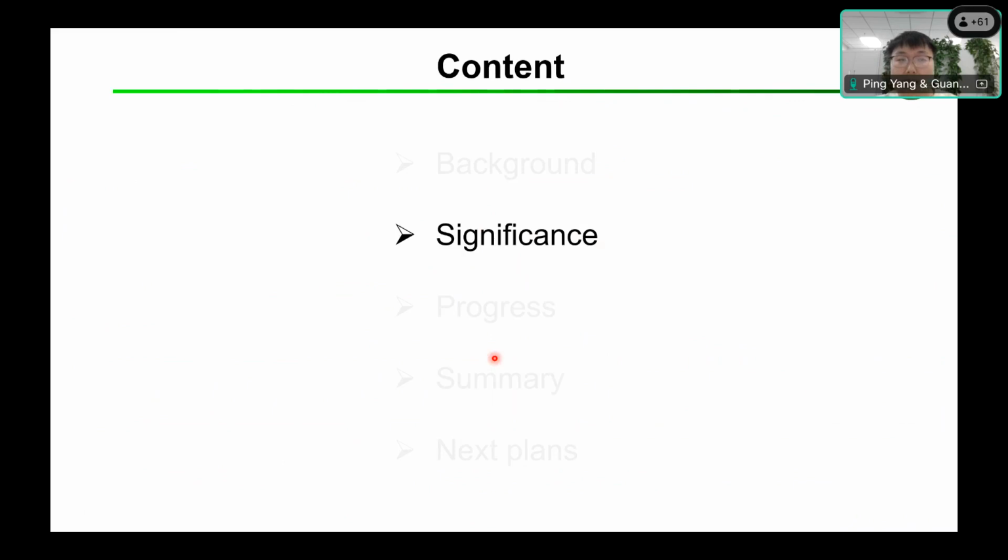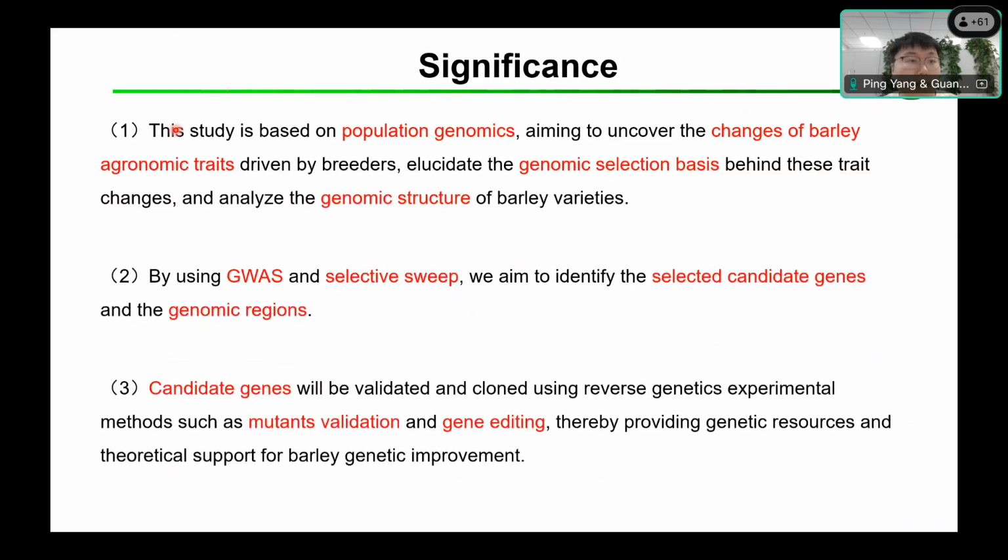The significance of this study. This study is based on population genomics, aiming to uncover the changes of barley agronomic traits driven by breeders, elucidate the genomic selection basis behind these trait changes, and analyze the genomic structure of barley varieties.